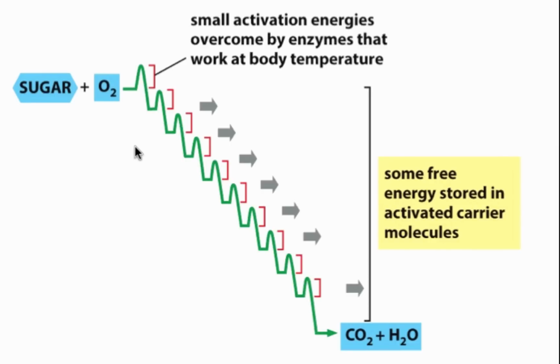And therefore, at each independent step, the energy being released by the hydrolysis of the bonds between the sugar molecules can be harvested by the cell in activated energy carriers.